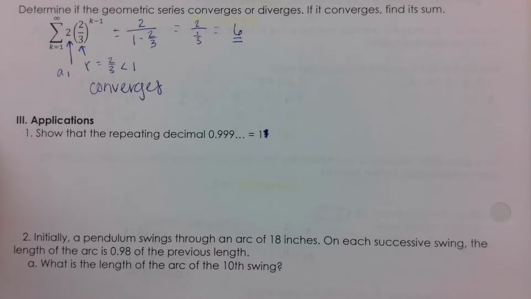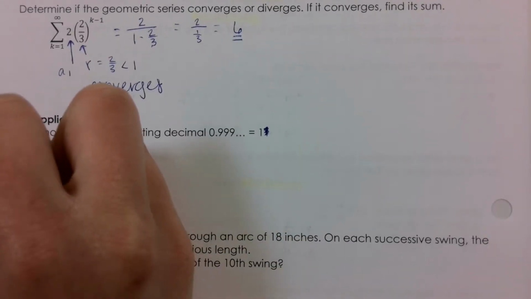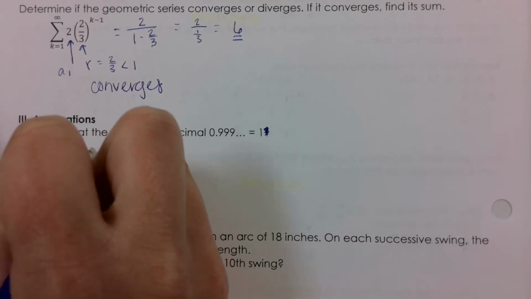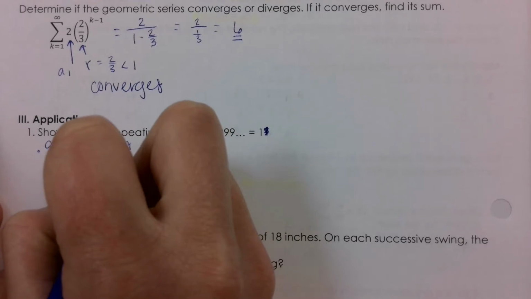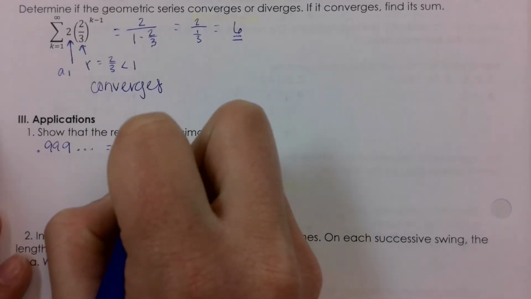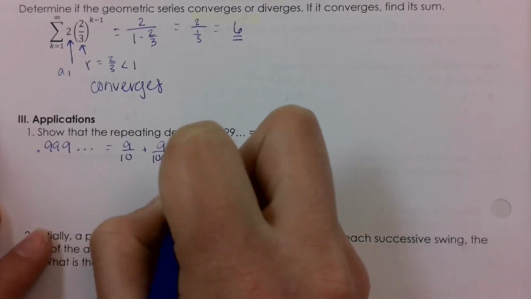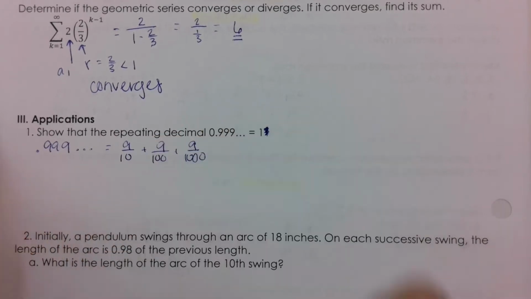So we've got the repeating decimal 0.999 that would keep going forever. 0.999 whatever is essentially the same thing as 9 over 10 plus 9 over 100 plus 9 over 1,000.